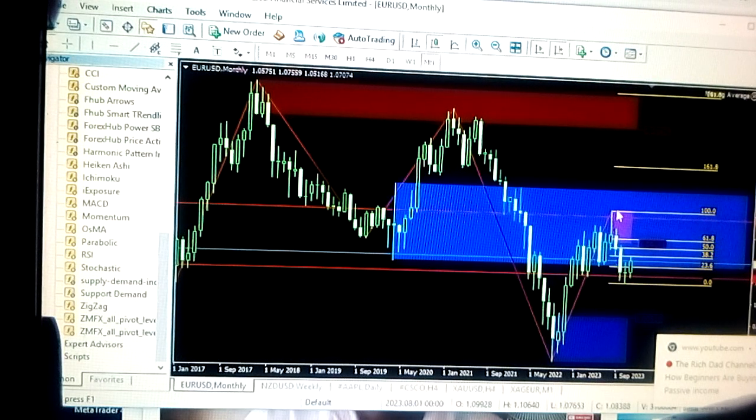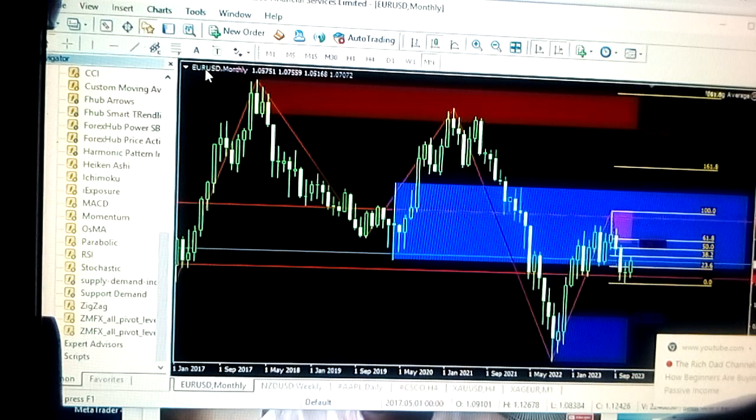When this candle did not even close above that, it means that we are heading down. Then look at this level, we are ranging between here. We don't want to go up, we are just ranging and coming down. Then there's another thing you're supposed to know. This is Euro USD.